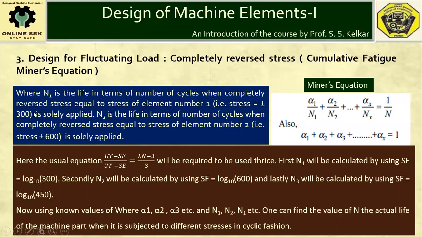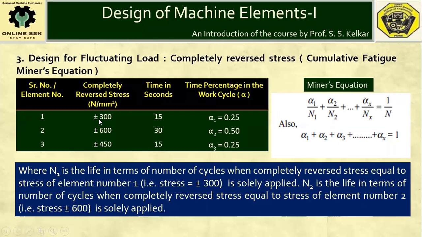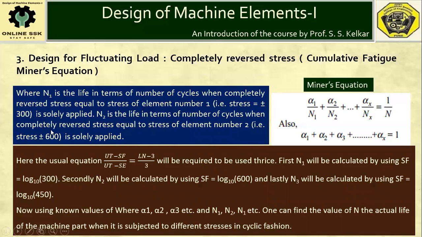Now, using the stress in element number 1, that is say 300, using SF as 300, we'll be calculating SF1 as 300, and then we will be calculating ln1, and based on ln1 we will be calculating n1. Antilog of ln1 will indicate n1.